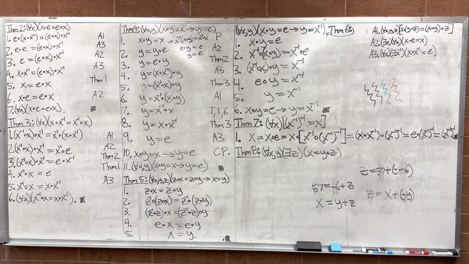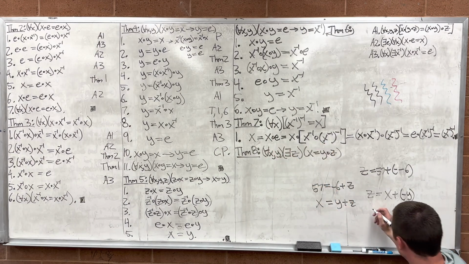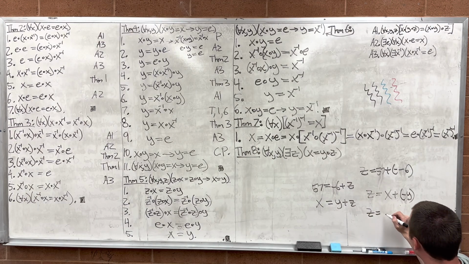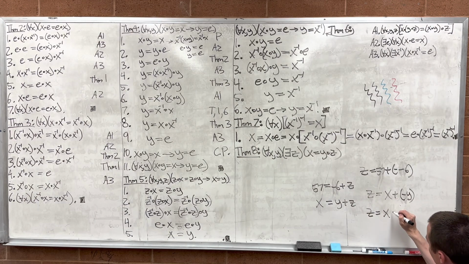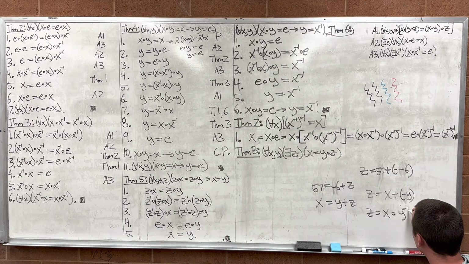And now going back out of our interpretation. Sometimes that's just a useful thing to do when you get stumped on these. Come up with the interpretation, find a pattern in terms of your interpretation, and then go back out of your interpretation. So now reverse engineering back into our system here. We still have z, we still have equals, we still have x, but instead of plus, we have circle. And instead of negative y, we have y inverse.